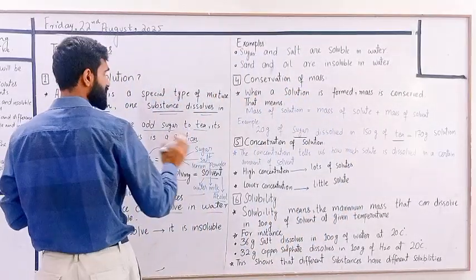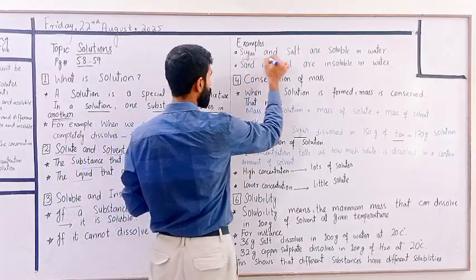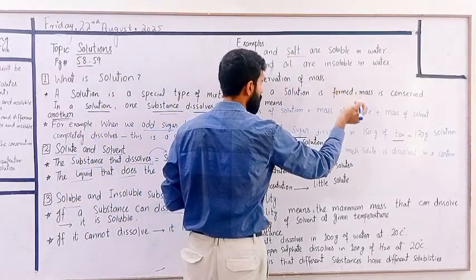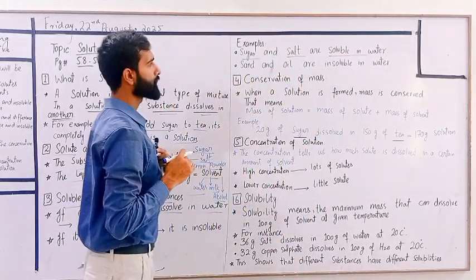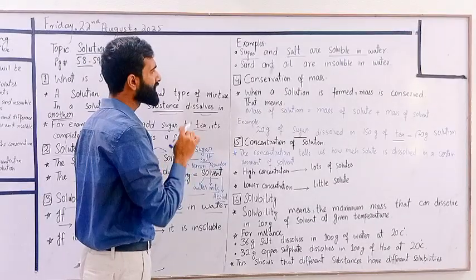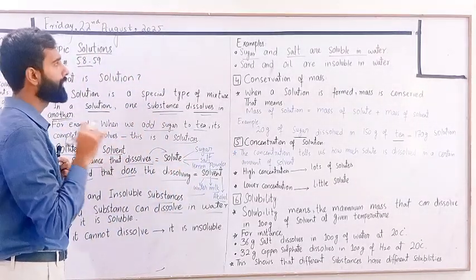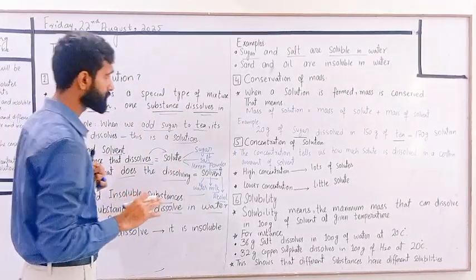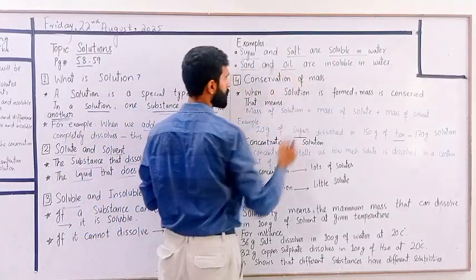We will understand with the help of some instances. We know that sugar and salt are soluble in water. So what does it mean? They are soluble substances. Another example, sand and oil.